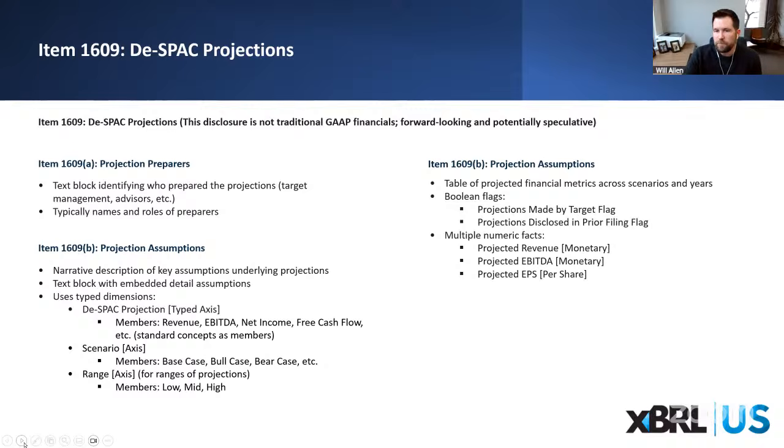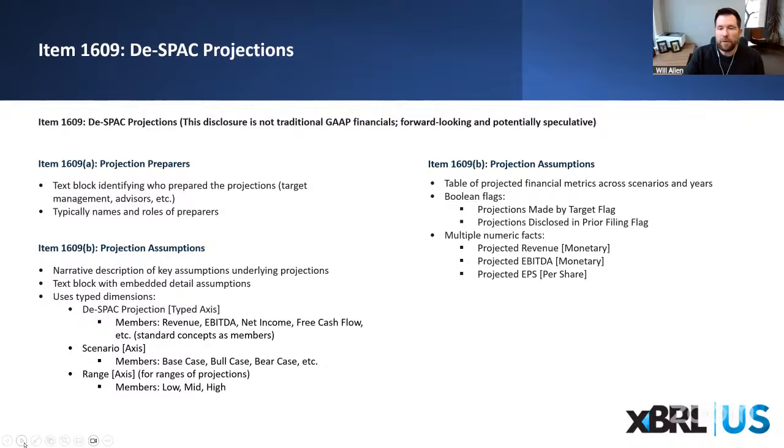So it can be quite extended with the ability to use type members. When you're tagging an item 1609, you're creating a multi-dimensional fact where each projection metric is qualified by its scenario, year, and range, which are all pointed out there in the 1609B on my slide.